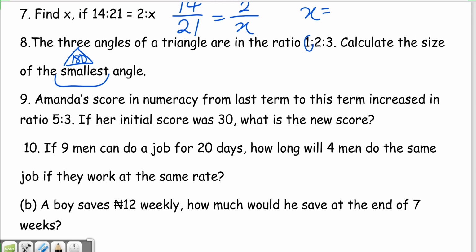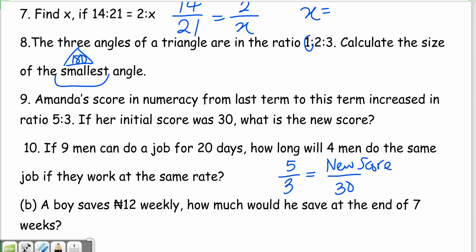Now, for number 9, what do we need to do? This is about increase and decrease in ratio. When we're talking about increase and decrease, the ratio is 5 over 3 equals, the initial score is always below, which is 30, then the new score.